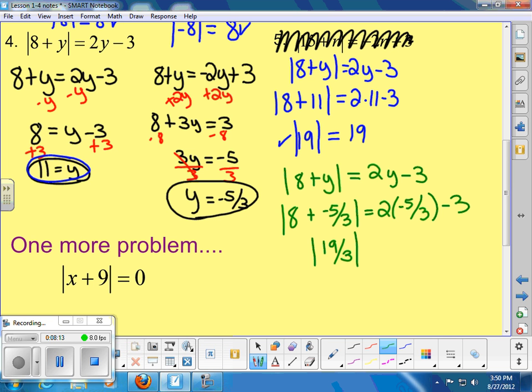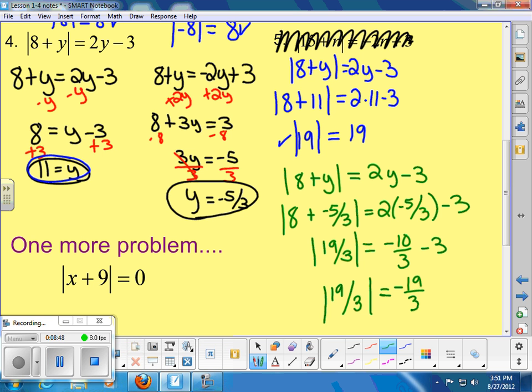So we have the absolute value of 19/3 equals 2 times negative 5/3 would be negative 10/3. And then we must subtract 3. Don't forget about that, subtracting 3. That gives us the absolute value of 19/3 is equal to negative 19/3. Negative 10/3 minus 3 is negative 19/3.